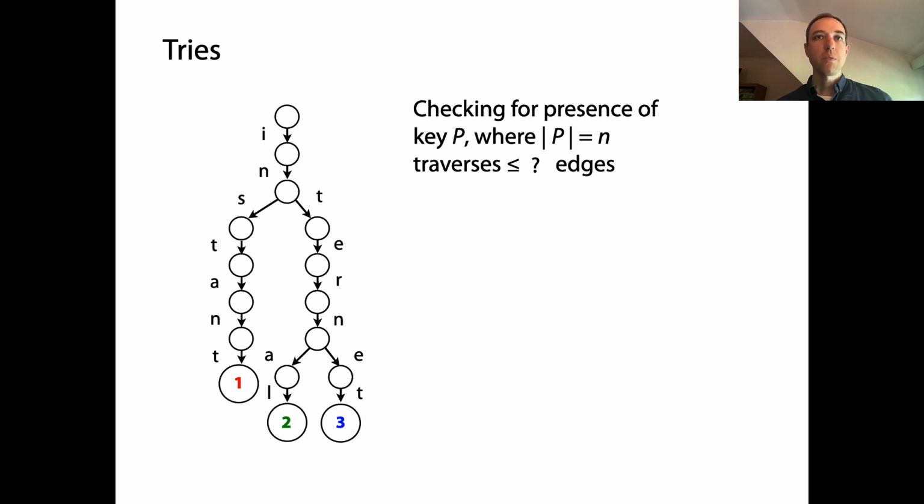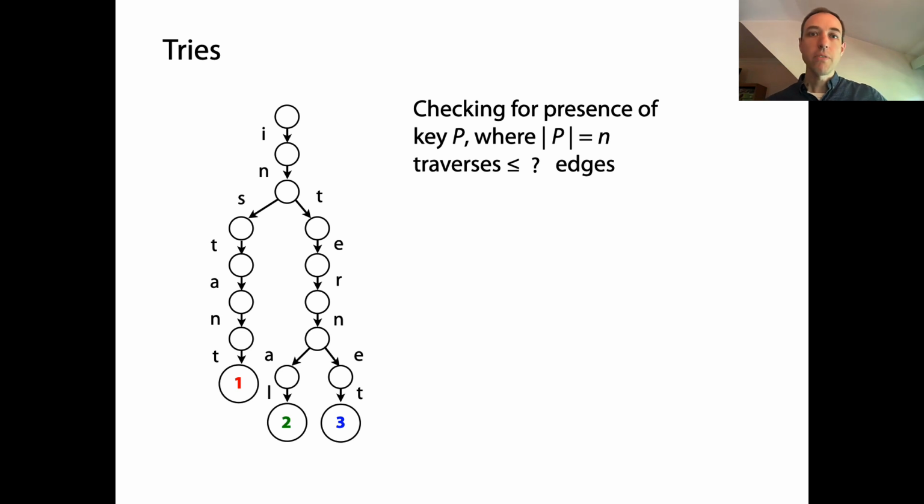So if we're checking for the presence of that key in this trie, we have to traverse at most how many edges? Well, I have to take the characters of P and match them to edges successively, character by character, and the only thing that might, quote unquote, go wrong would be that I might fall off.